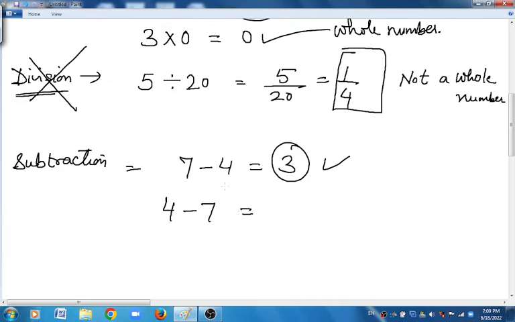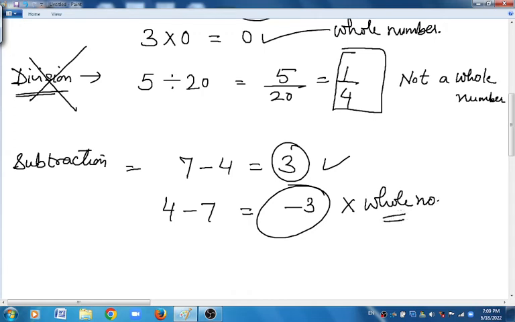You will come to know about the negative numbers. But here what you have to learn is that we can even subtract a greater number from a smaller one, but the answer comes in a negative value. So it is minus 3, and negative numbers are not whole numbers. So we can say subtraction is again not covered under closure property.